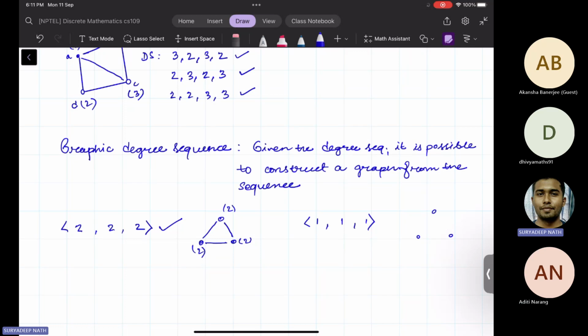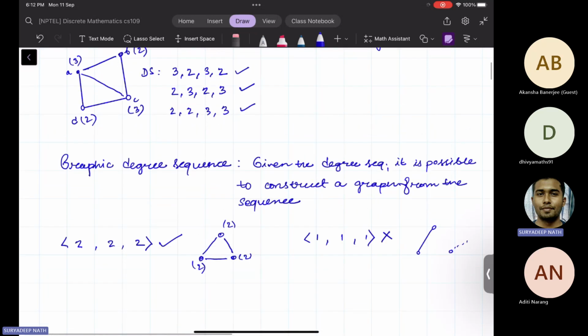No. Suppose I connect the first one to the left one; then the left one already has a degree of 1, and similarly we cannot connect anyone else to the first one because its degree is 1. So the outgoing edge from the third node cannot be connected to any of these nodes, and since there are no other nodes present, this sequence is not possible.